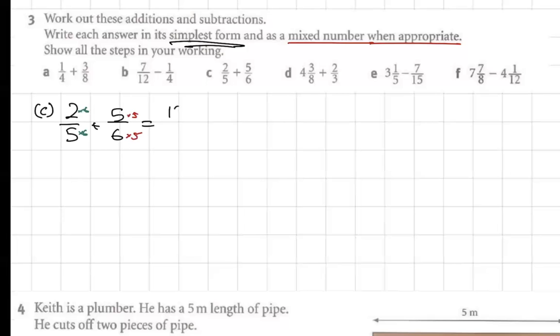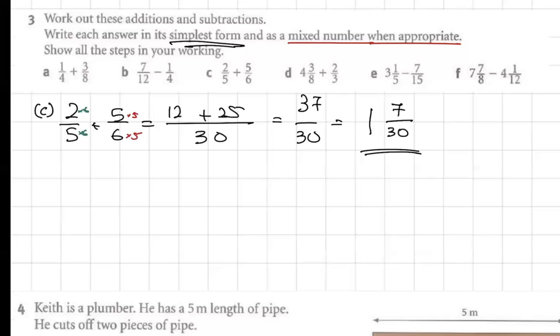So we get 12, if you want to write it in this format, also can, plus 25 over 30. 37 over 30. Change it to mixed number. It's not divisible anymore. How do I know for sure is that the top is a prime number, and the bottom one is not divisible by this prime number. So 30 is not divisible by 7, so this is the simplest form.